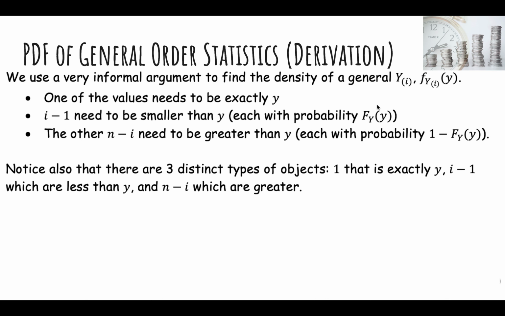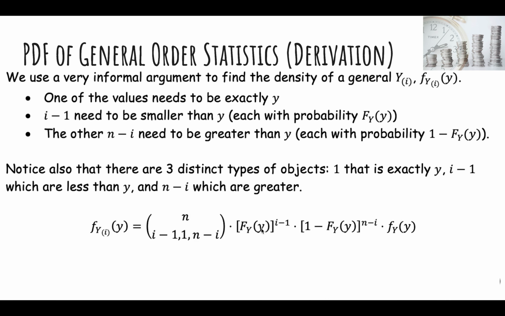So again, we're trying to find the density of the ith order statistic, the ith smallest one. And so we're kind of finding the probability that y(i) is near y. So we need one of them to be y out of the n. Then we need i minus 1 to be smaller and n minus i to be greater. So we're going to end up with some kind of coefficient like this, which looks like a multinomial almost.